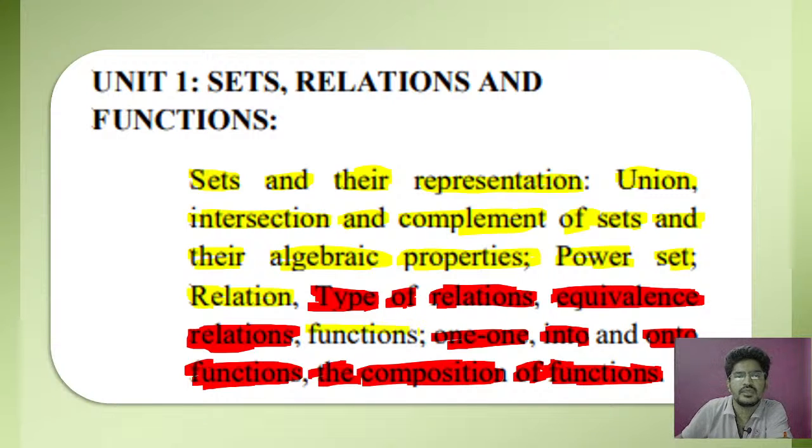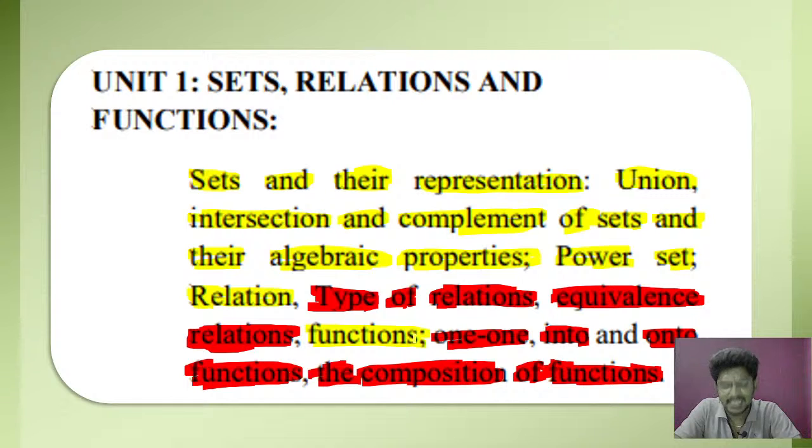So this is how you are going to study. The more concepts of this particular unit are from 11th standard, and very few concepts are from your 12th standard. But the first year is going to be very important in this unit.